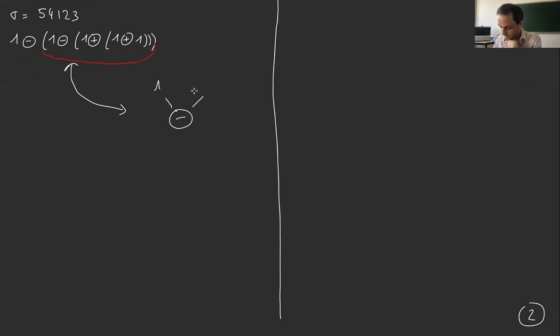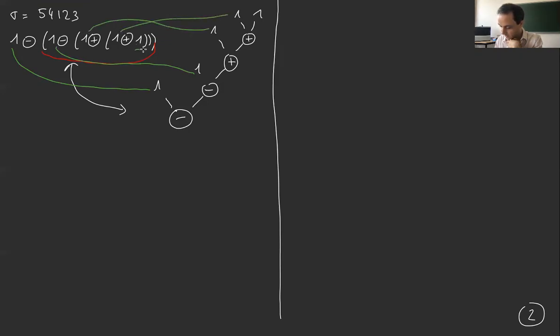So this is my 1 minus, and now this one, which is plus 1 plus 1. Each point corresponds to a leaf of the tree: this one corresponds to this leaf, this one to this one, this leaf, this leaf, this leaf.